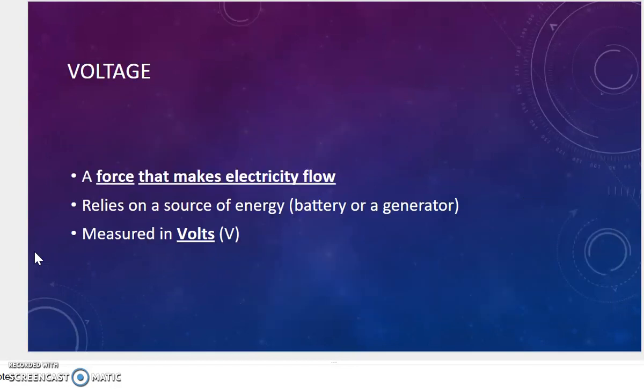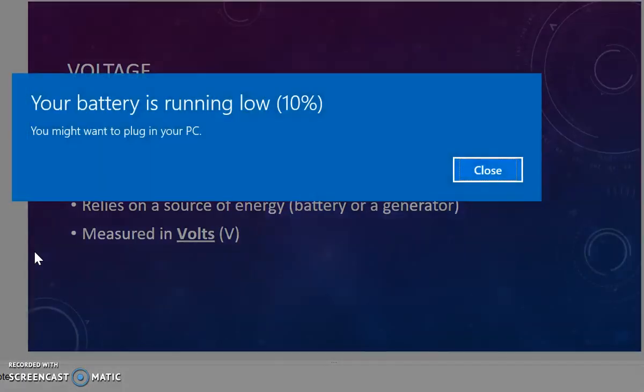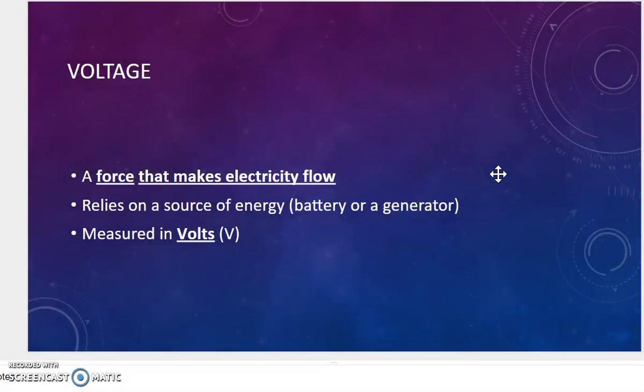All right, voltage. As far as description or definition, it is the force that makes electricity flow. And you're going to be reading a little bit more about these vocabulary terms in your book, so it will help you understand. But this is the force that makes electricity flow. And voltage relies on a source of energy.